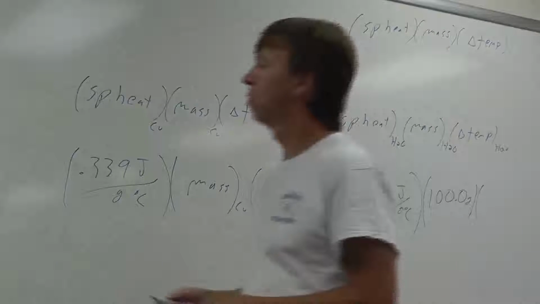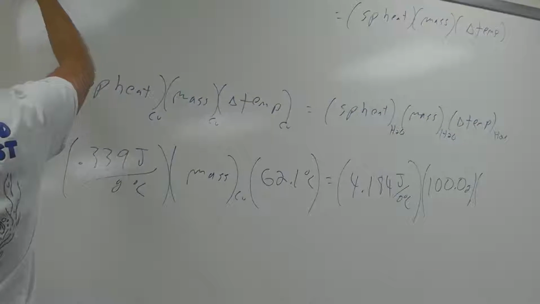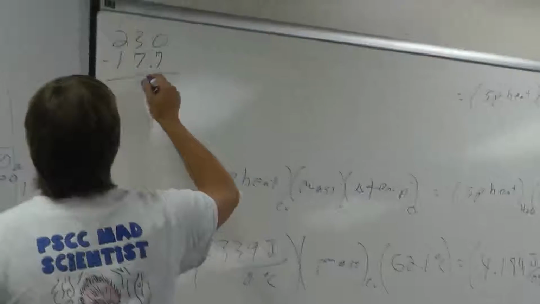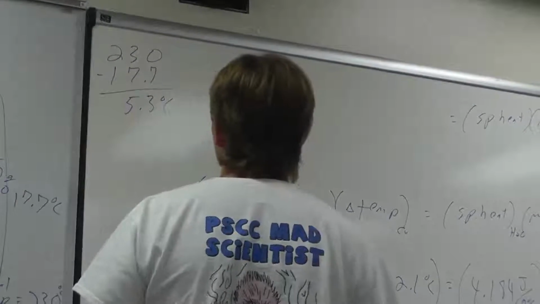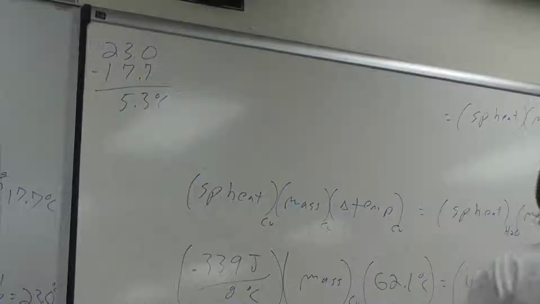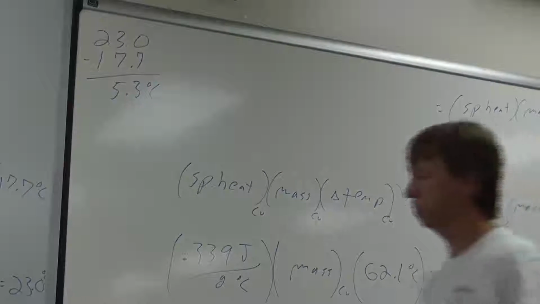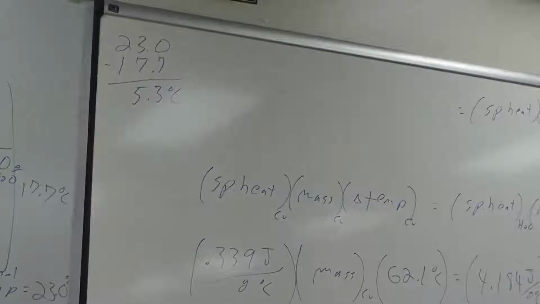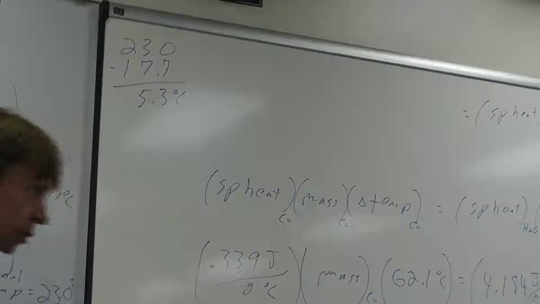Change in temperature for water is 5.3 degrees. And so you've actually got a number for every term but that mass, if you're just careful about where you plug things in.